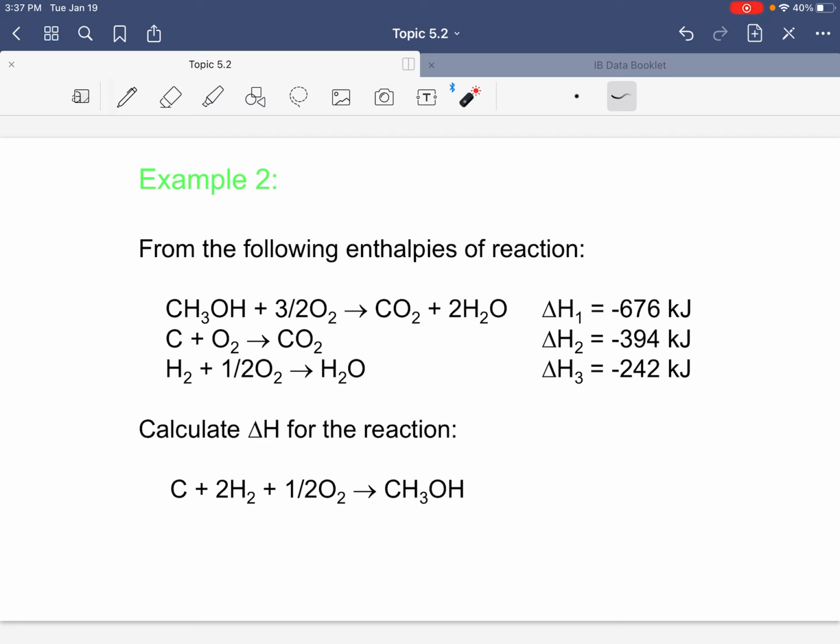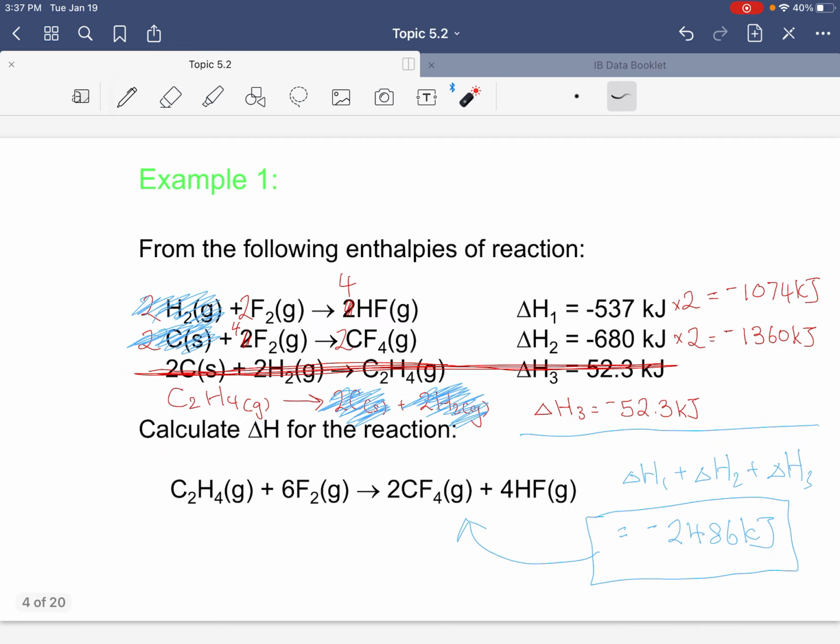Okay? The reason why you see a fraction here is because we want to make sure that this is 1 mole. Because if you just look at this reaction, it's negative 2,486 kilojoules.